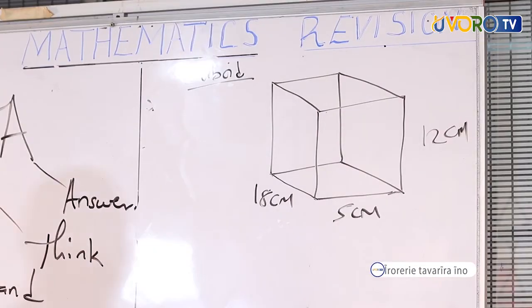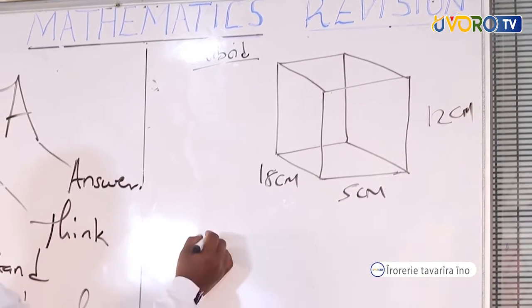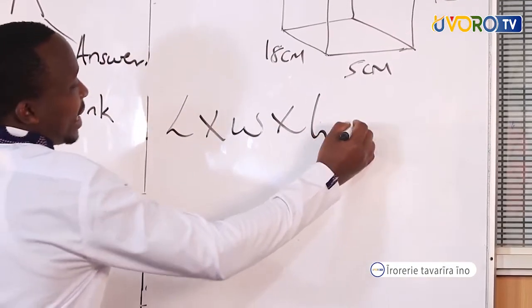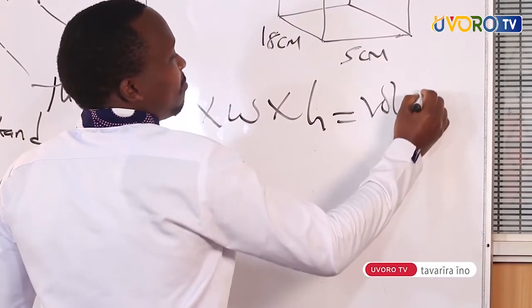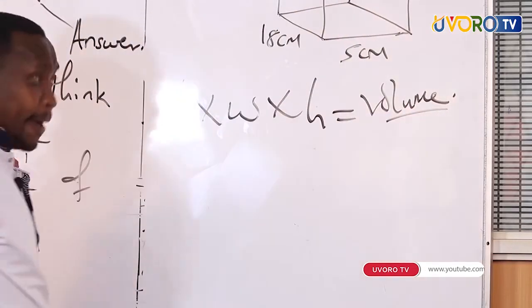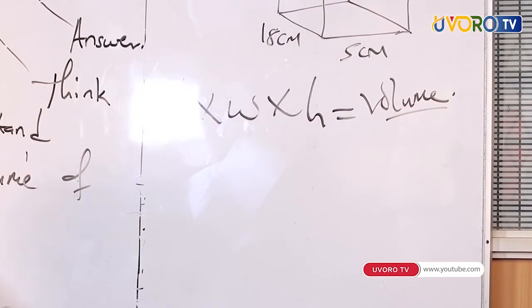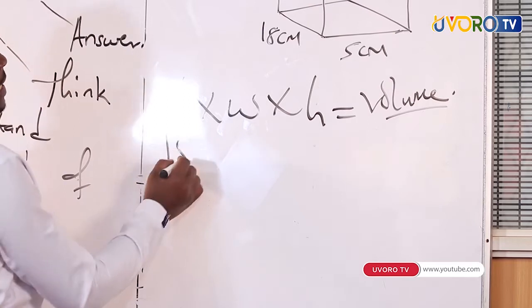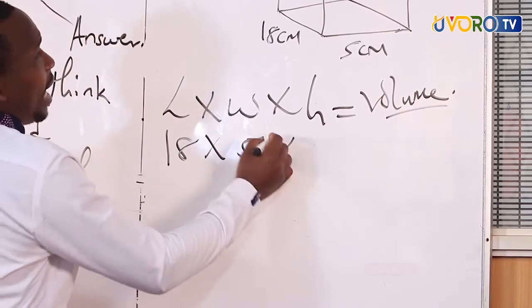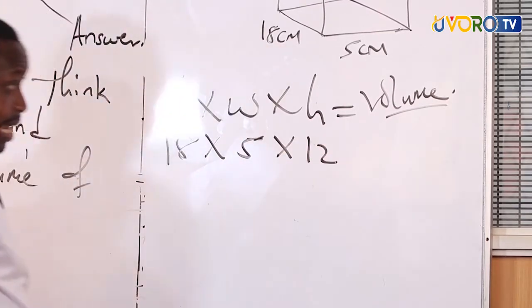Very good. I think that is a clap to that pupil. That is length times width times height. This is the volume for this figure. So we are supposed to multiply 18 times 5 times 12. Then you get your answer.